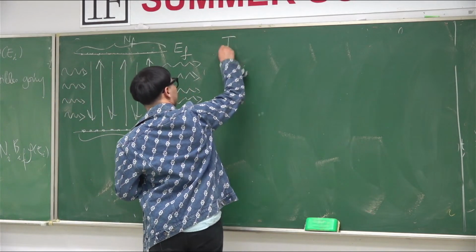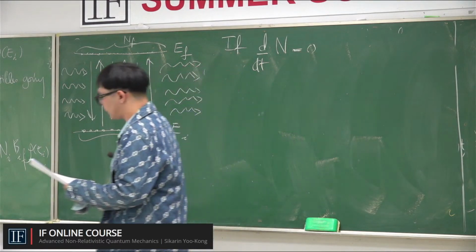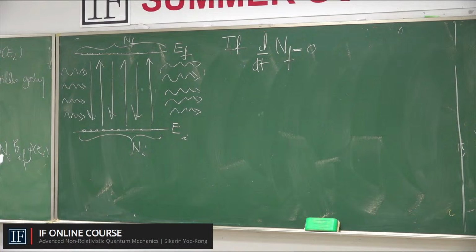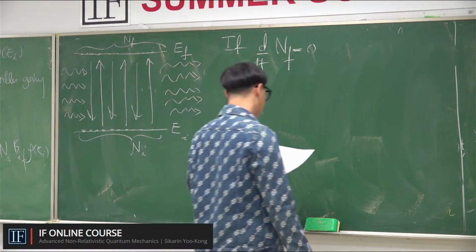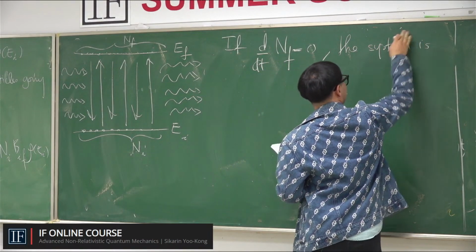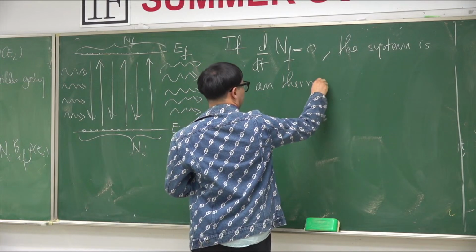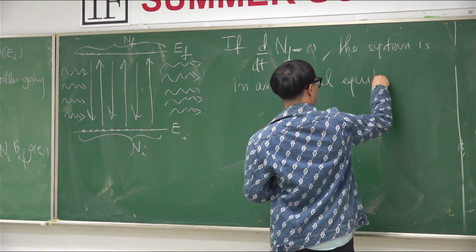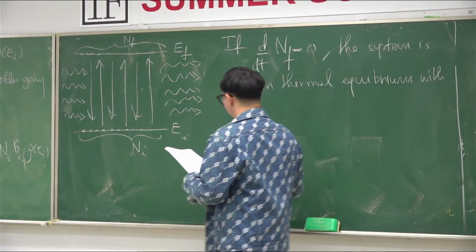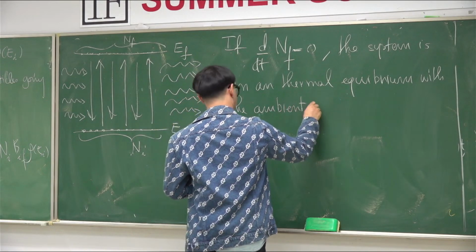If you have the situation that the change of the number of particles at the final state is 0, then the system is in equilibrium with the ambient field.